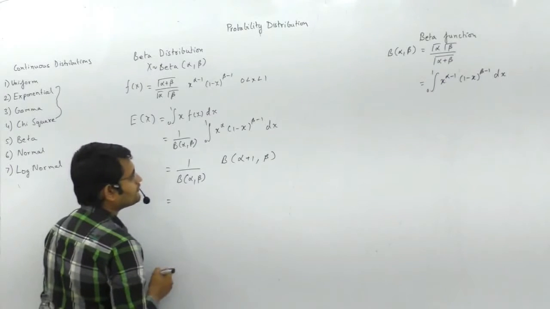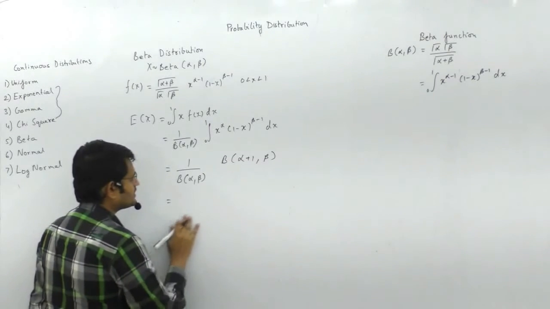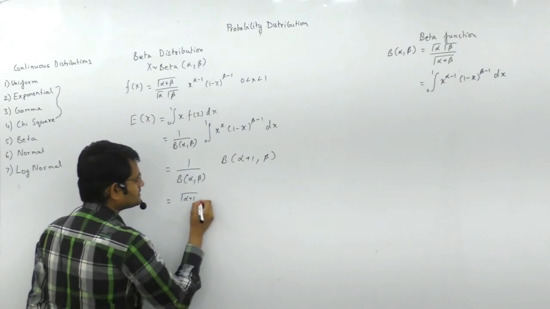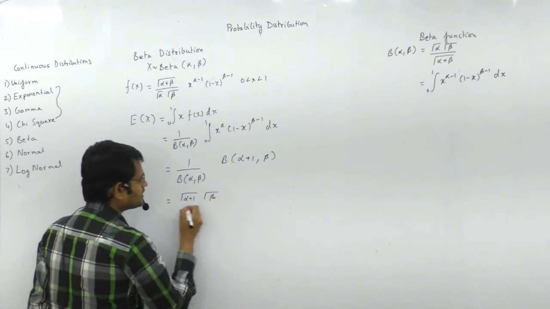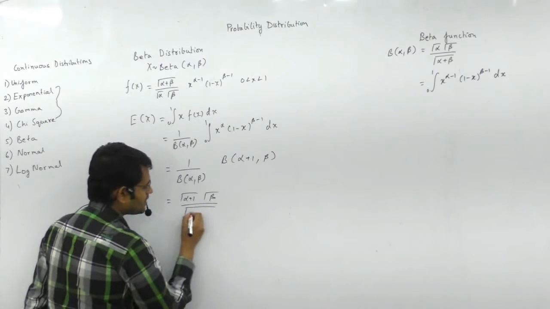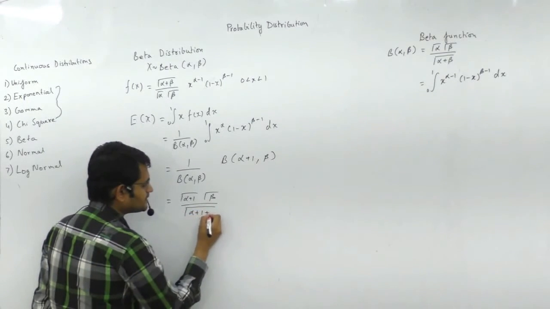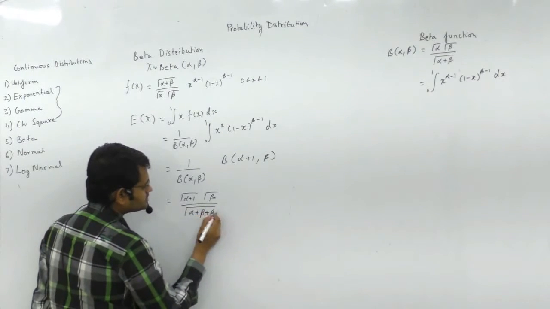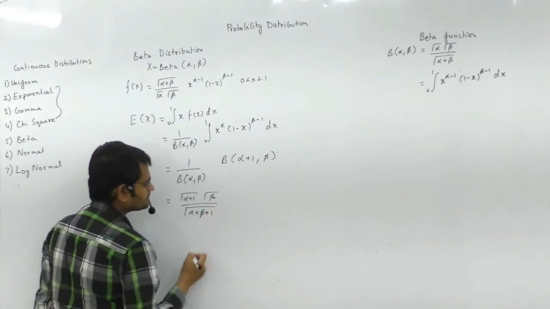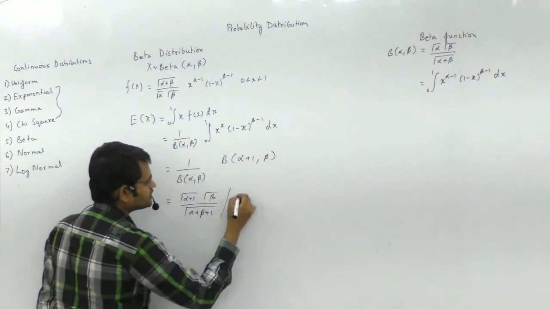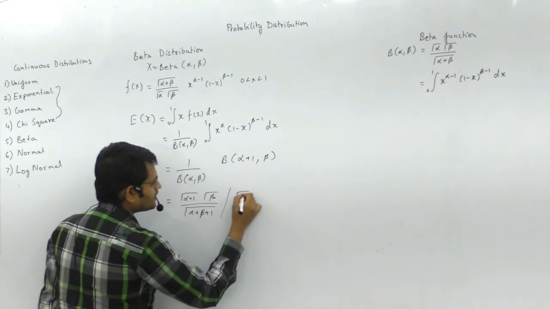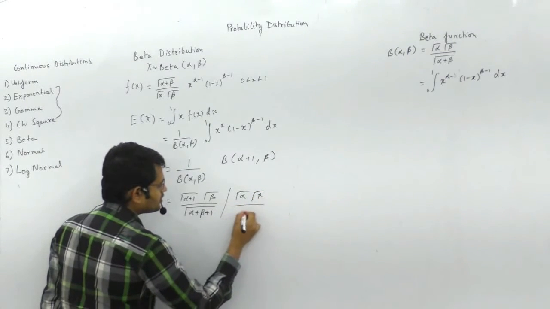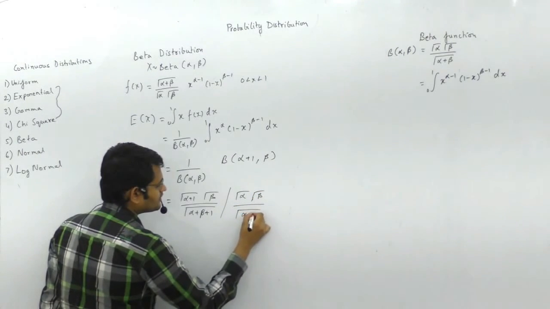Now beta of alpha plus 1 comma beta will be gamma of alpha plus 1 gamma of beta upon gamma of alpha plus 1 plus beta, or I can write it as alpha plus beta plus 1, then upon we'll have gamma of alpha gamma of beta upon gamma of alpha plus beta.